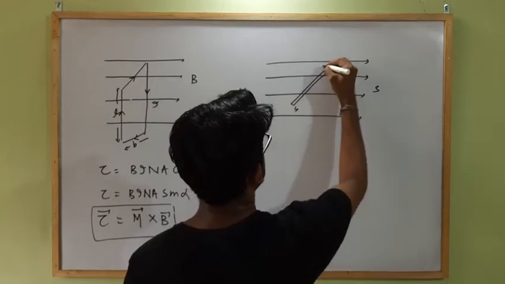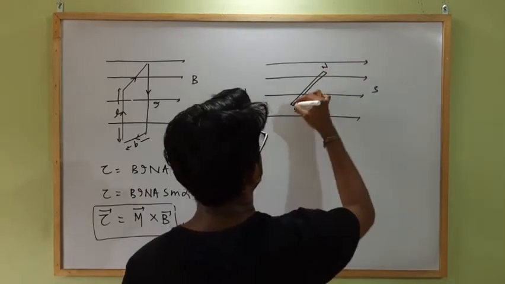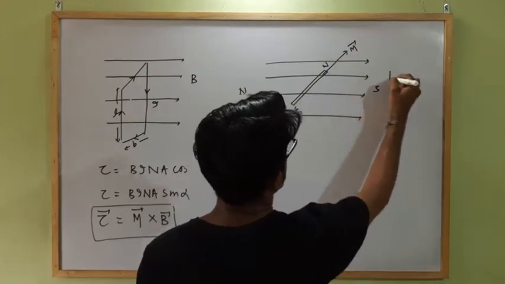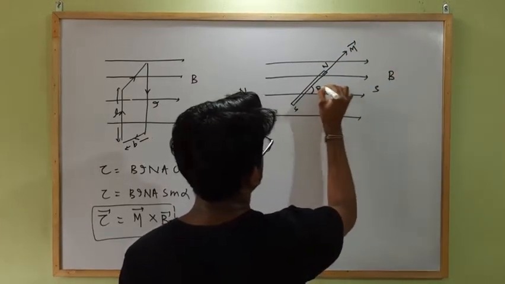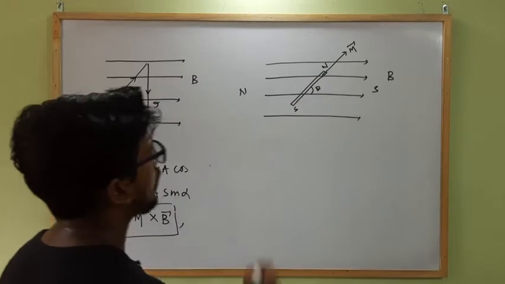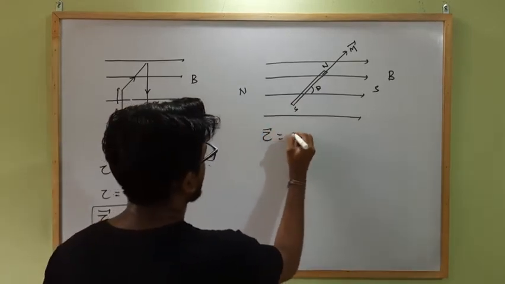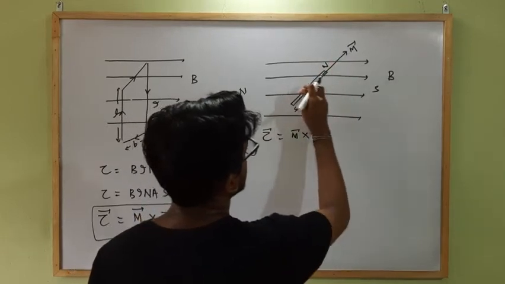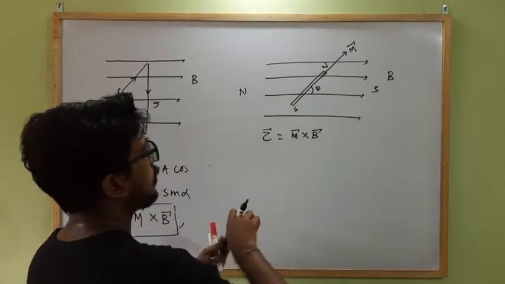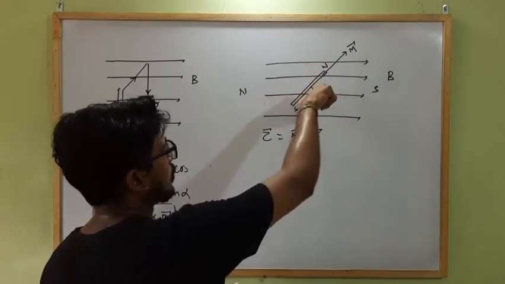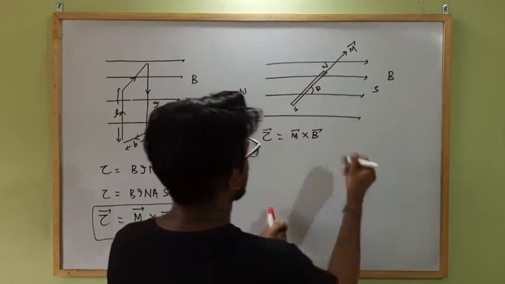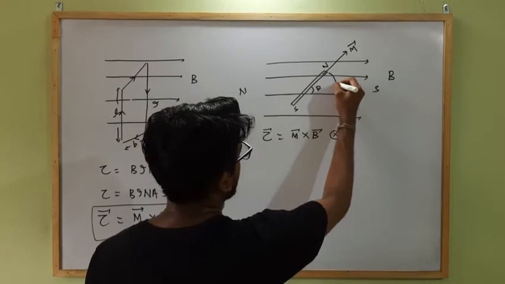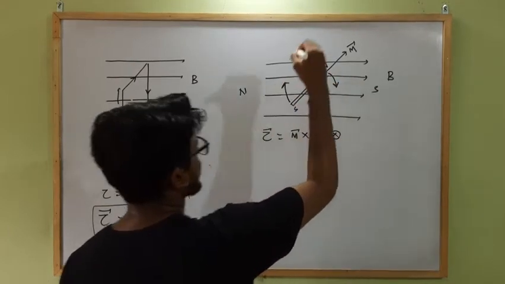This is south, this is north, and the dipole moment m vector is along this direction, which makes an angle theta with the B vector. So torque acting on it, tau is equal to m cross B vector. M is along this direction, B is along this direction. So m cross B, torque will be into the plane. That's why the bar magnet starts to rotate along this direction.